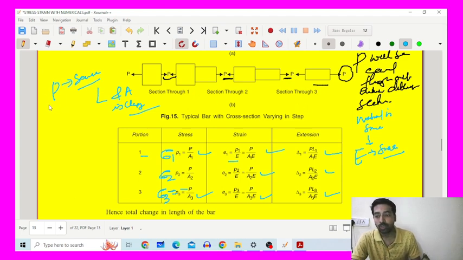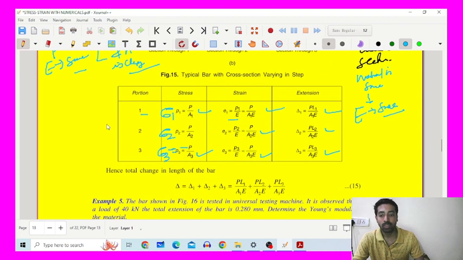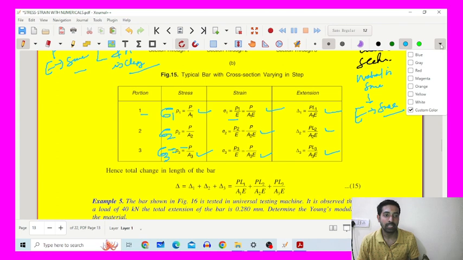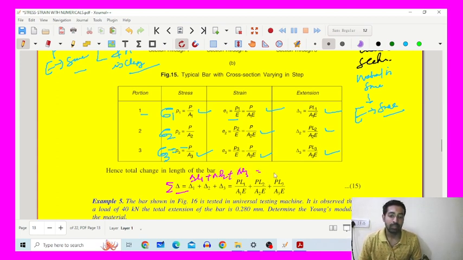We have also considered the material to be the same, so the modulus of elasticity also remains the same. In such a problem, what is required is to find the total change in length, or the change in length of the bar. That will be the summation of delta: delta 1, delta 2, delta 3, that is delta L1, delta L2, delta L3. So it can be written as PL1 upon A1E.